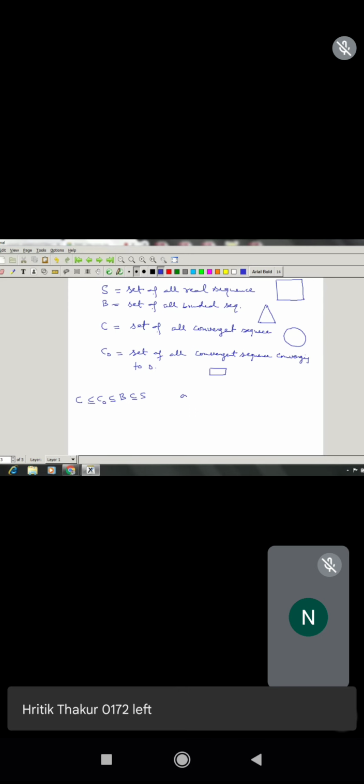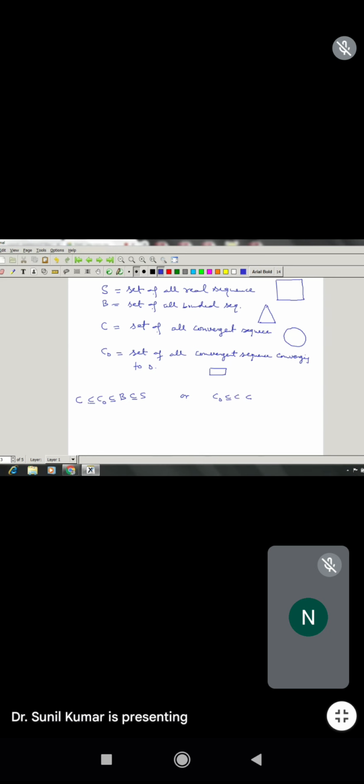Or is C0 a subset of C, a subset of B, a subset of S? Or is C a subset of C0, a subset of B, a subset of S, or is C0 a subset of B, a subset of C, a subset of S?